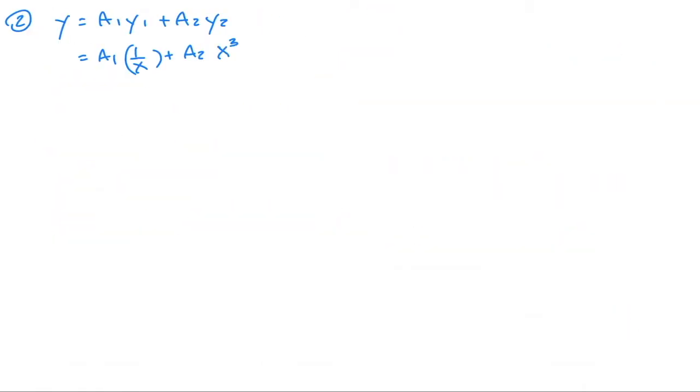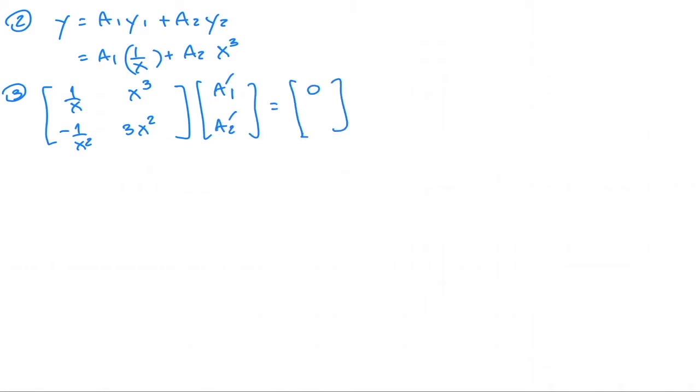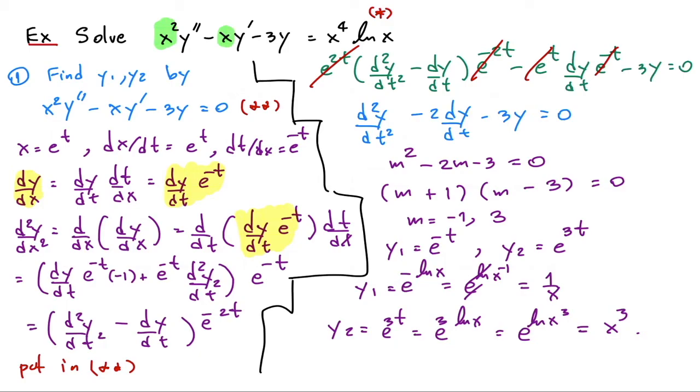And then third, we have the system of linear equations, which is 1 over x, x cubed. Here will be minus 1 over x squared. Here will be 3x squared. And then we get a1 prime, a2 prime. And then we get 0 and x to the 4 log x.